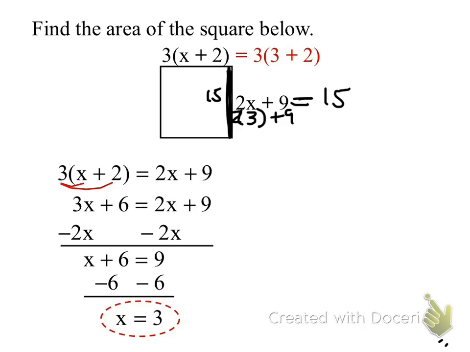Side times side. Right. Area equals side squared. So if a side is 15, we have to square it. And in the next month, you better have this number memorized. It should be 225. Okay? It's one of mine that I have memorized. You got to know through 20 your perfect squares.